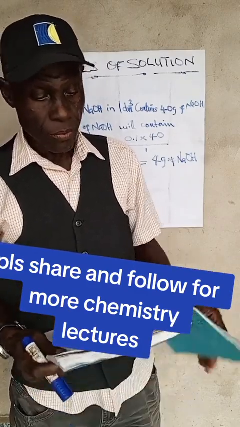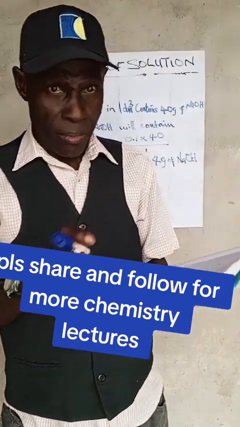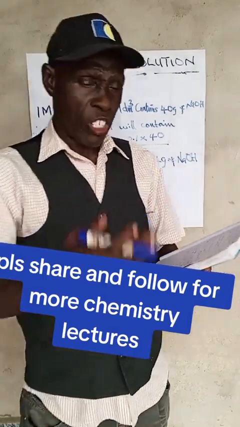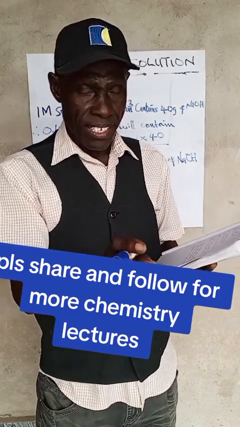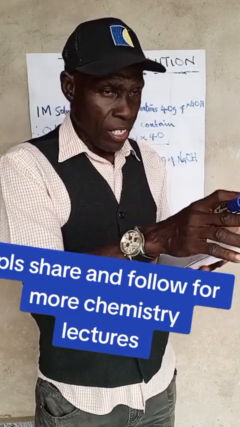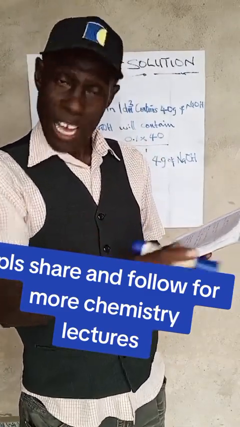Number three, you must also be able to read the measurements in the chemical balance. When you place a substance in a chemical balance, you see an indicator reading. So you must be able to read the measurement of the chemical balance to know whether the amount of grams you needed is complete or not complete.